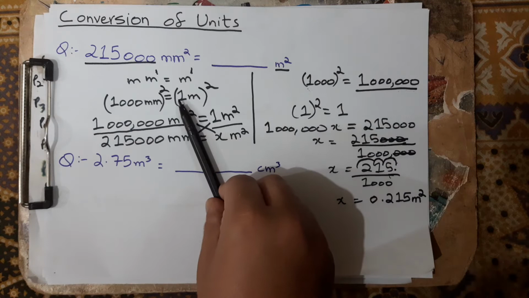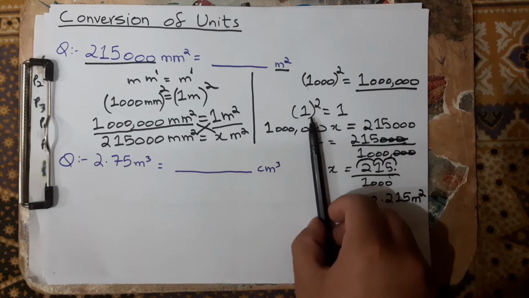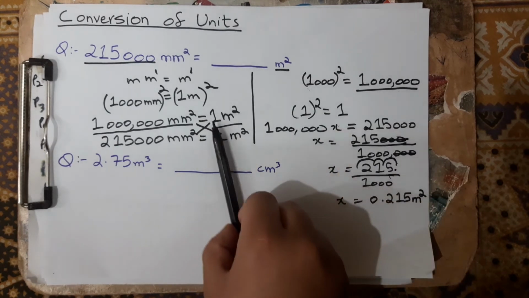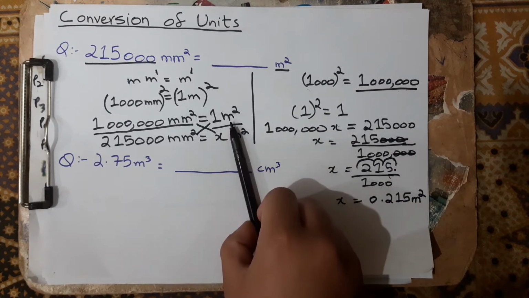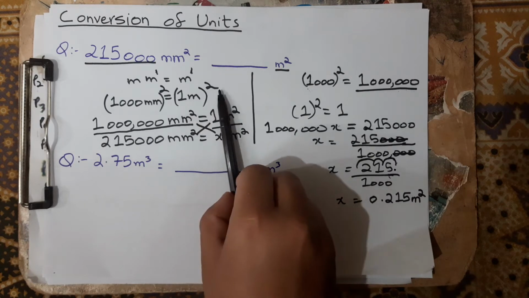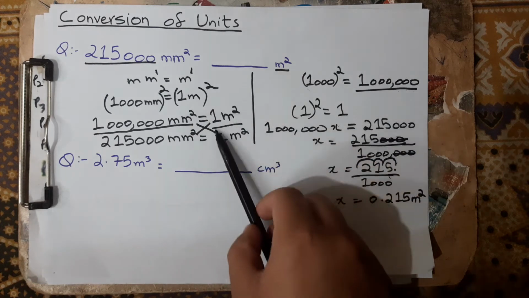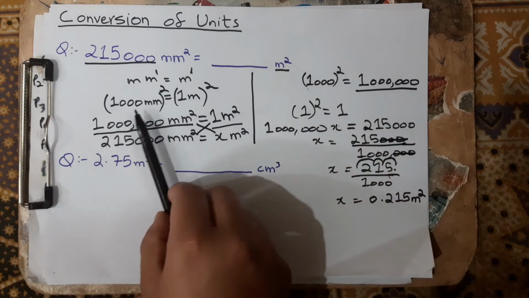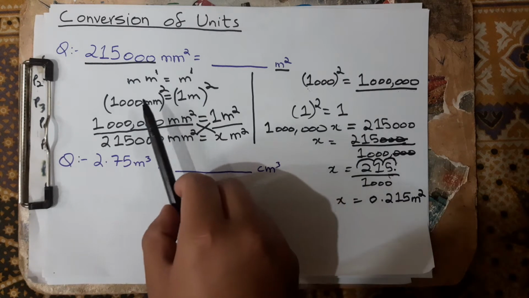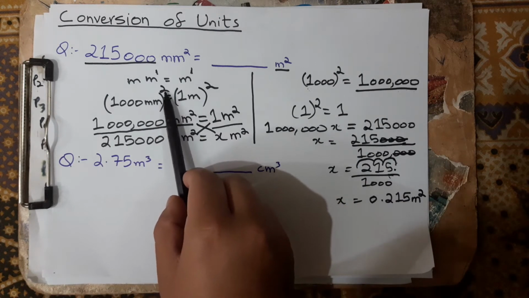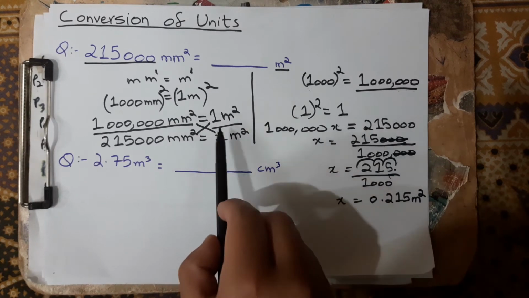Now if we take the square of 1 meter, you know that the square of 1 is 1, so you write 1 and meter square as it is. But remember that when you calculate the square of these values, don't forget to write the square on the units, because it must be mentioned there.